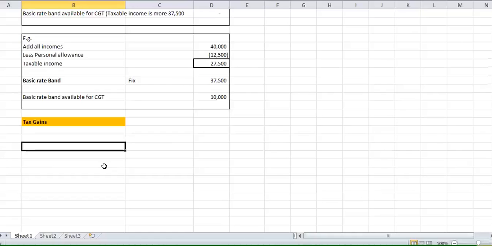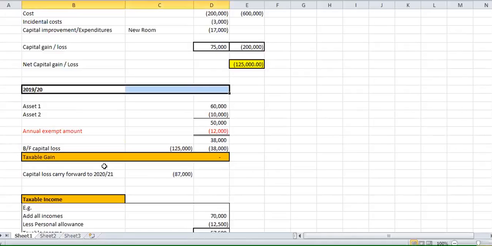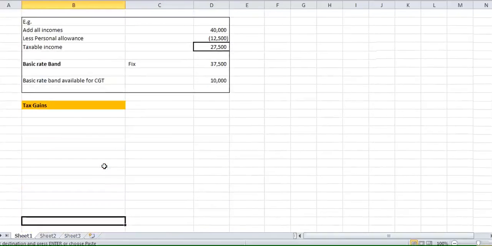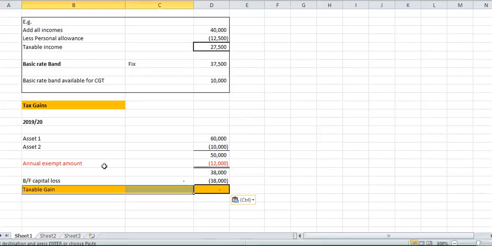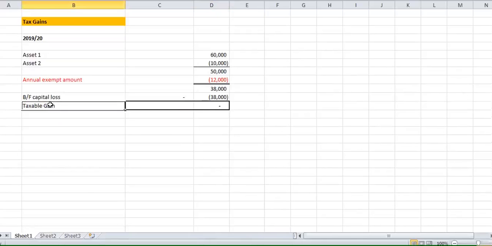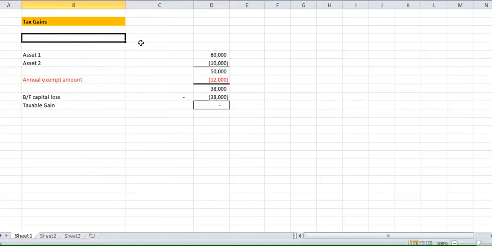So now let's discuss a complete example in which we will calculate not only taxable income, but also the taxable gains.